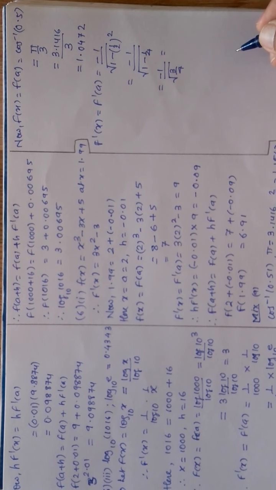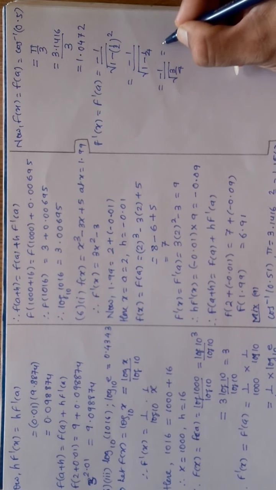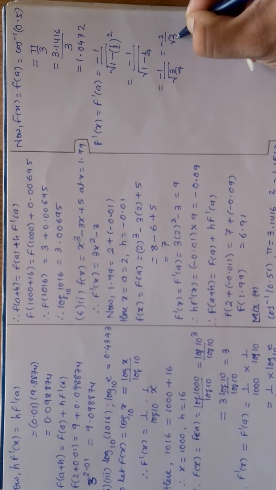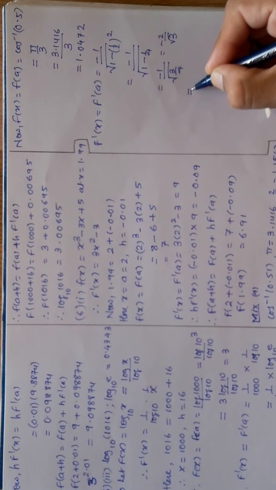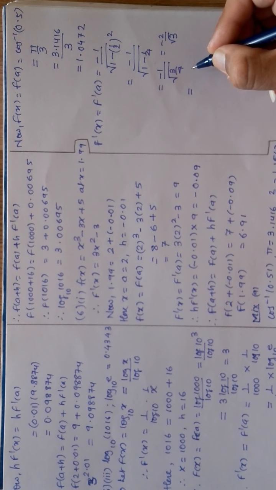So you get here root 3 by 4 is root 3 by 2, that is minus 2 by root 3. Okay, so we got this f dash a to be minus 2 by root 3, and 2 by root 3 value is given to you as 1.1547.